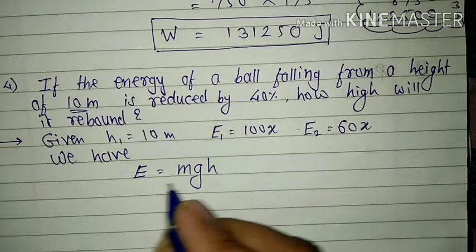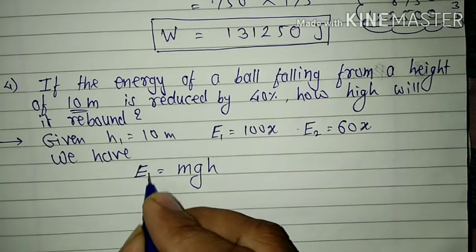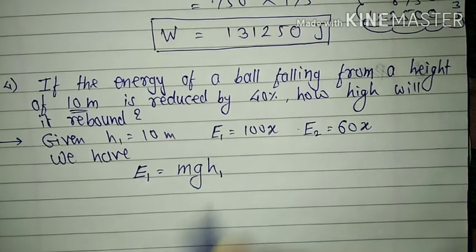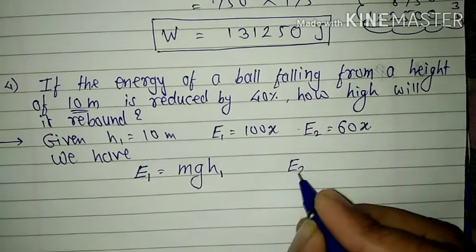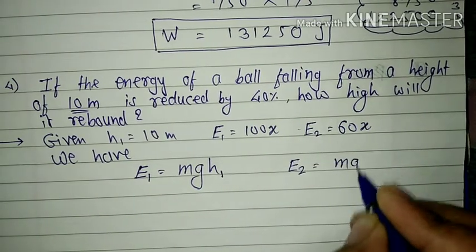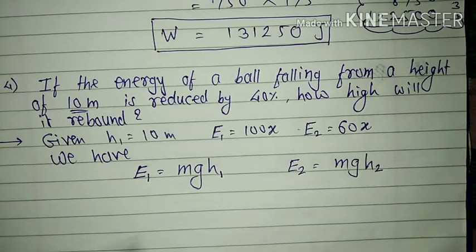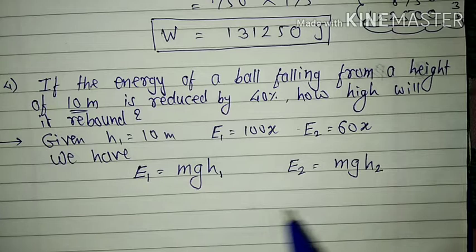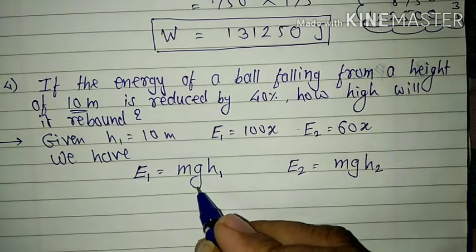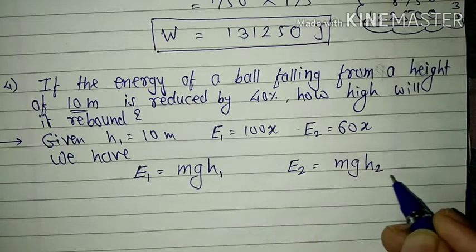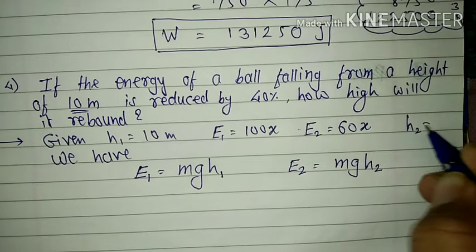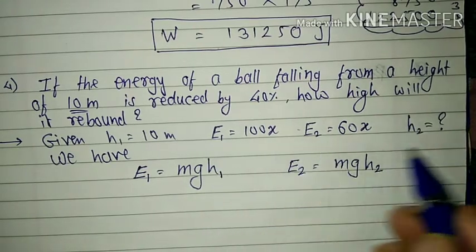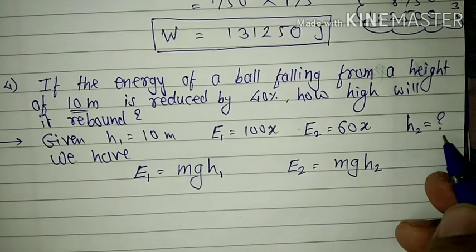So therefore we can say E1 is equal to mgh1 and E2 is equal to mgh2, because m mass is constant, g that is acceleration due to gravity also constant, h1 and h2 are different, as well as E1 and E2 are different. We have to find h2.